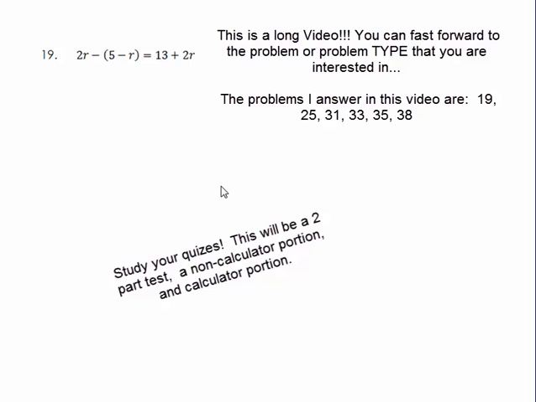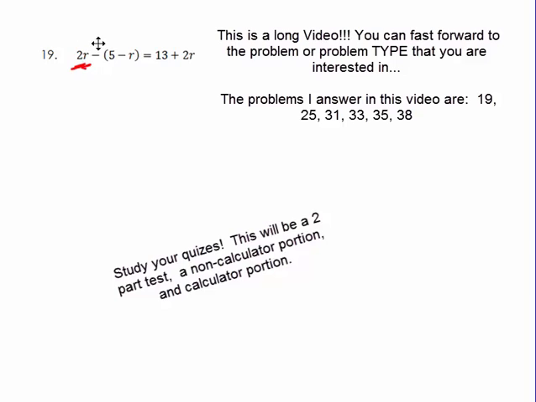It says 2r minus 5 minus r equals 13 plus 2r. Now, this problem in particular, anytime I have a negative in front of this binomial, we want to distribute. Now, a lot of things I've seen people trying to distribute the 2r. That's not the case here.